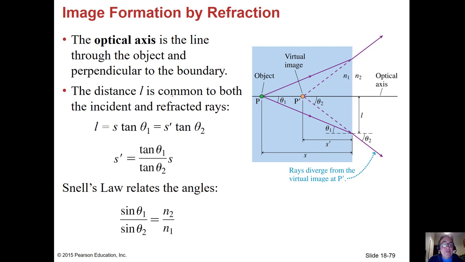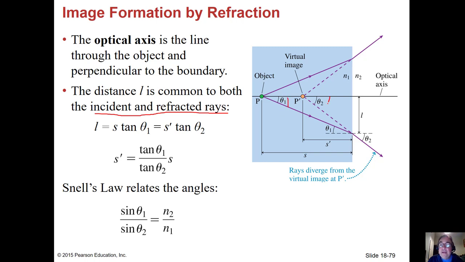So the distance L is common to both the incident and refracted rays, as it says here. Let's take a look and see what that means. So when it says it's common to those, you have L that's associated with this triangle, and then you have L that's associated with this larger triangle. Okay, so if you wanted to look at the tangent of theta 1 and theta 2, we could do that.